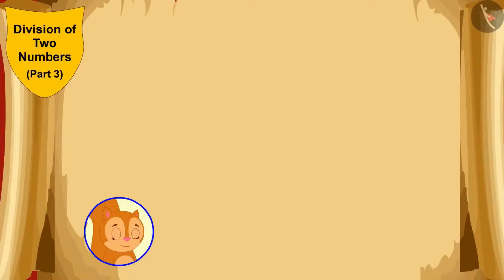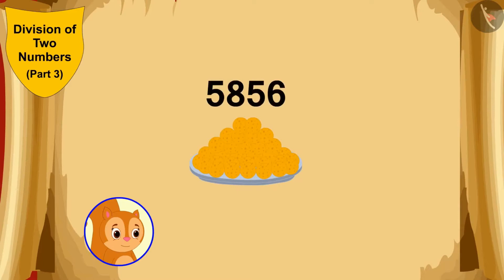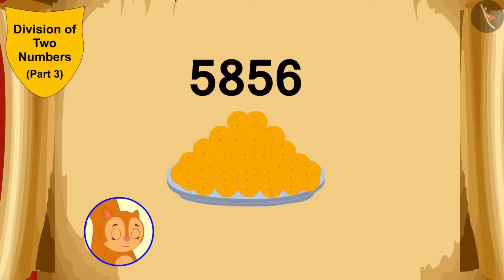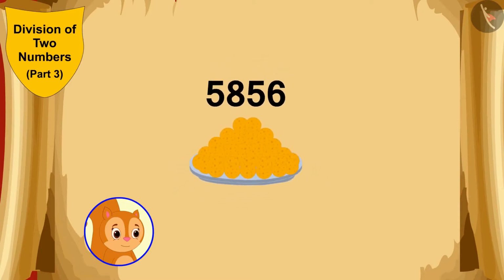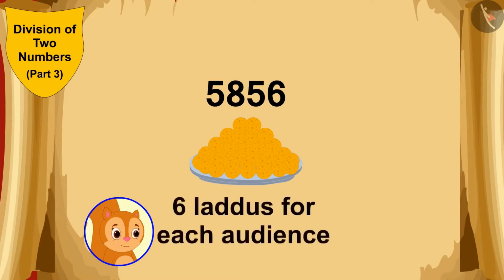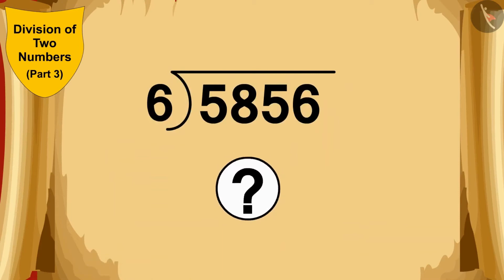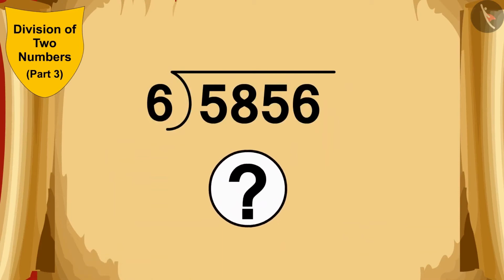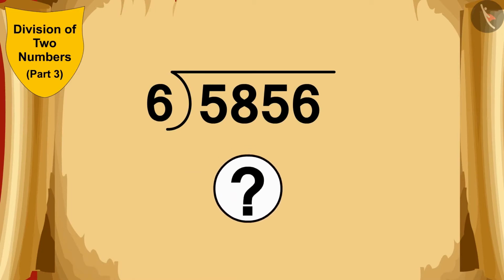Chanda also has to arrange laddus for the audience coming to watch the play. Chanda has a total of 5,856 laddus. If she has to arrange for 6 laddus for each audience, can you guess if Chanda has enough laddus for 976 spectators?